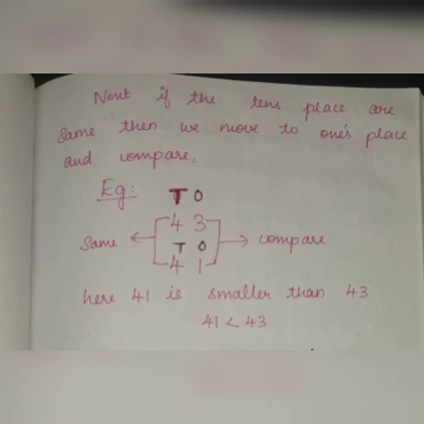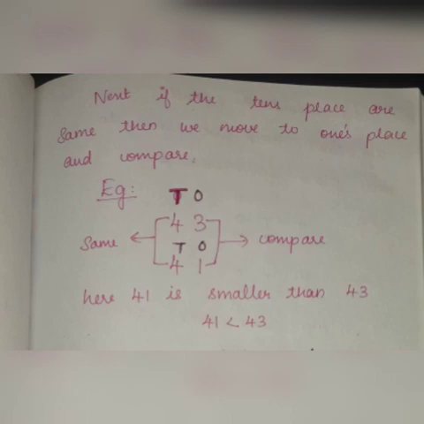Next, if the tens places are the same. First I told you when you are comparing 2-digit numbers, you have to start from the tens place. Right. If both the tens places are the same, what will you do? You will go to the ones place and compare it. Here in this example, see, 43 is given, 41 is given. What is the tens place for 43? 4. What is the tens place for 41? 4.